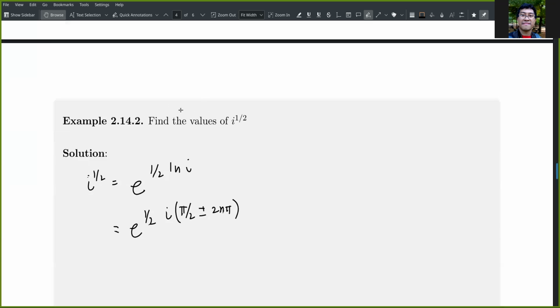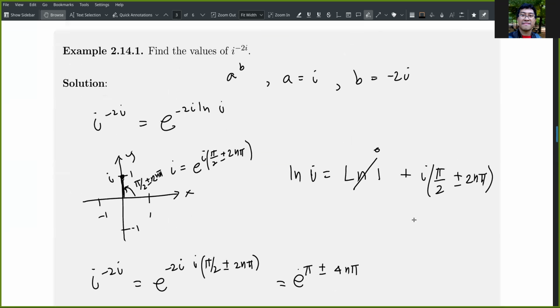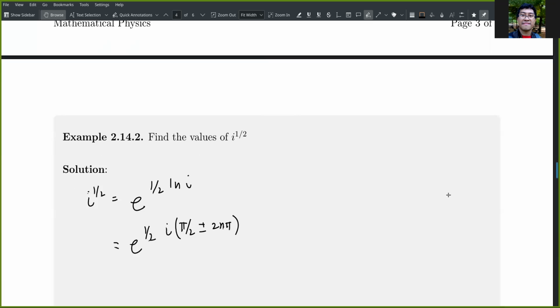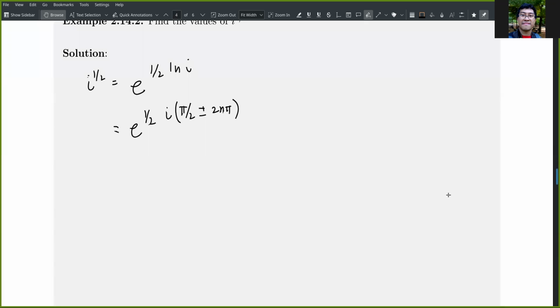Let me check if that is correct. i pi over 2 plus minus 2n pi. Okay, so if we distribute, you have e to the i pi over 4 plus and minus n pi.